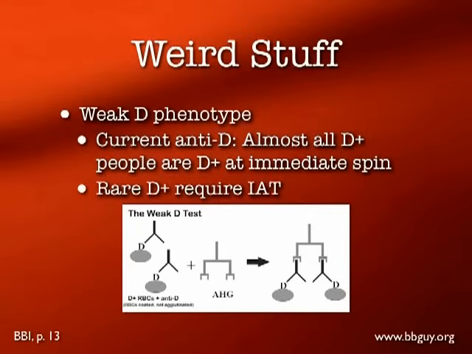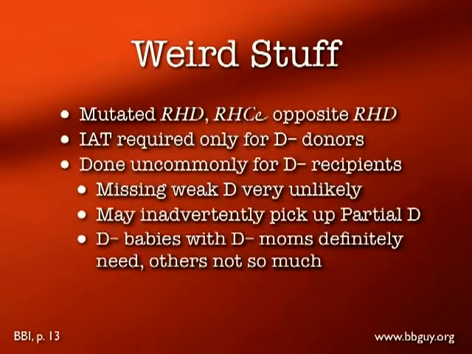And in order to see that agglutination, you have to do what's called the weak D test, which is basically just an indirect antiglobulin test. You see it at the bottom of the screen. You have coated, D positive red cells. You add anti-human globulin, and you get visible agglutination. This does not happen very often at all, and there's a wide variety of reasons that it can occur, including mutations, including the so-called C in trans, where you have a big C little e allele opposite the RHD allele.